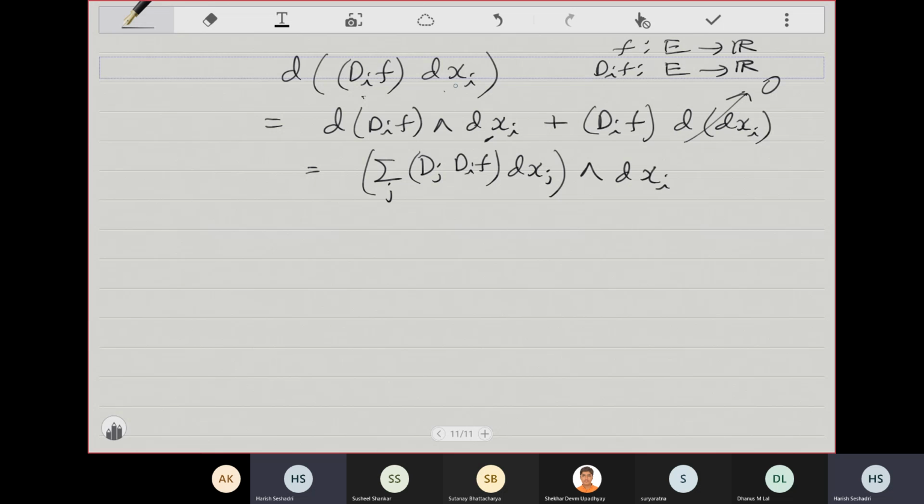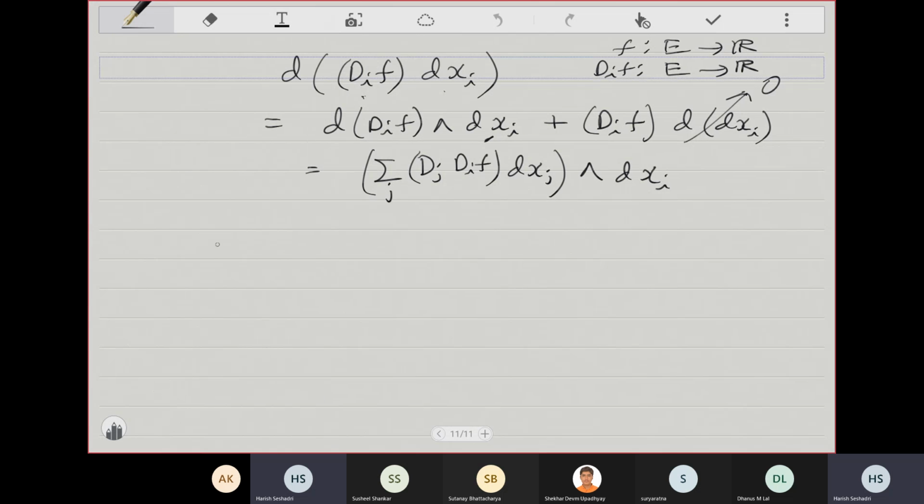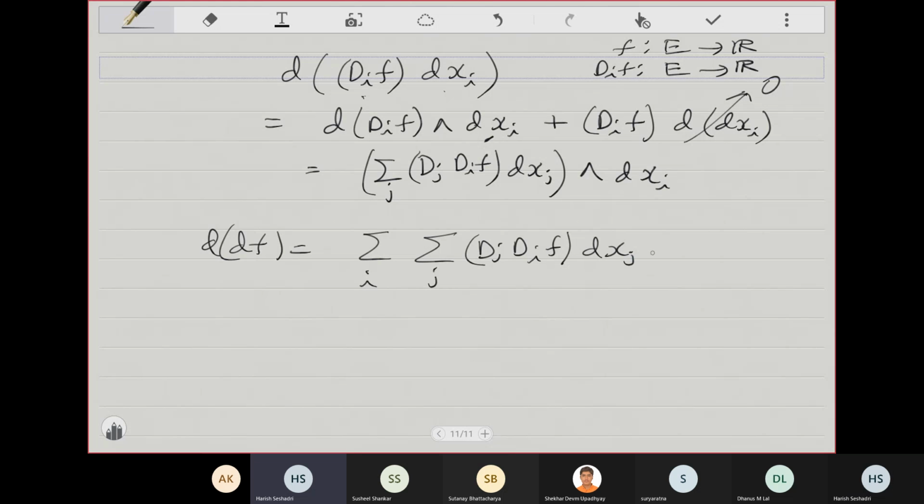So this was d of that. But remember that there was a summation, this sum over i. So let's throw that in as well. So d squared f is the summation over i, summation over j, D_j D_i f dx_j wedge dx_i, which is this. This we claim is 0.